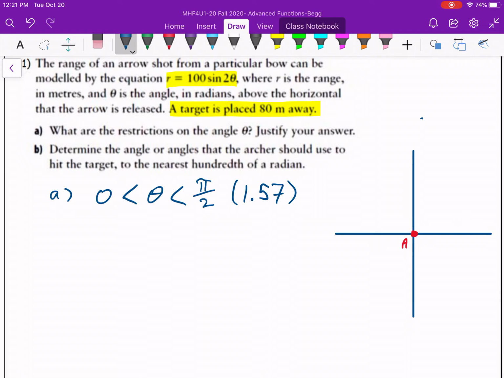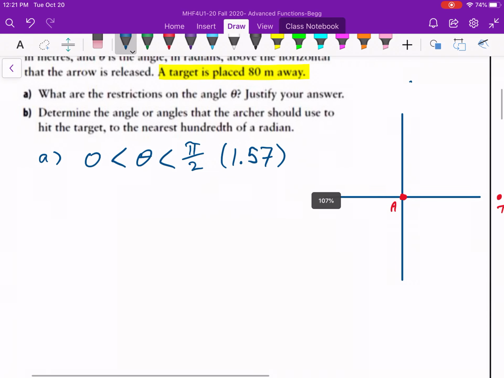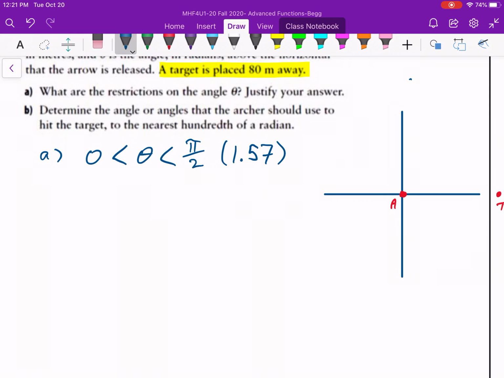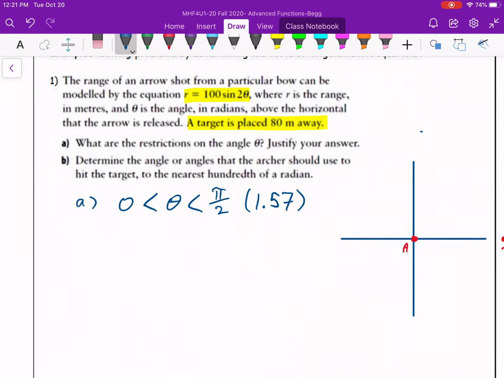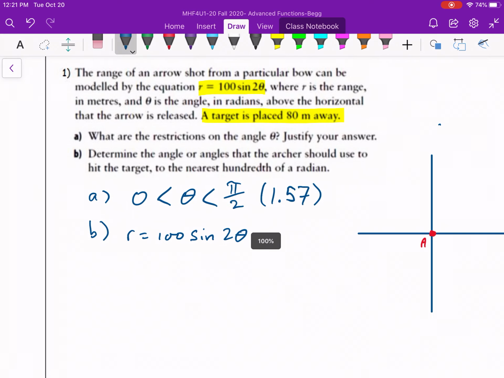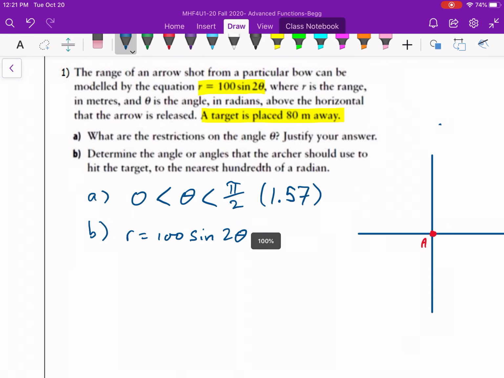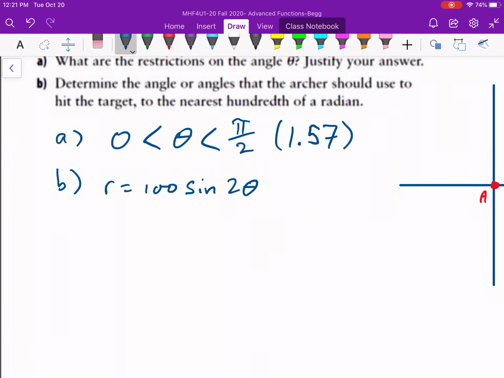Now, part B: determine the angle or angles that the archer should use to hit the target, to the nearest hundredth of a radian. All right, so we have the formula R equals 100 sine 2 theta. But we also know that R is 80. R is the distance, the range.